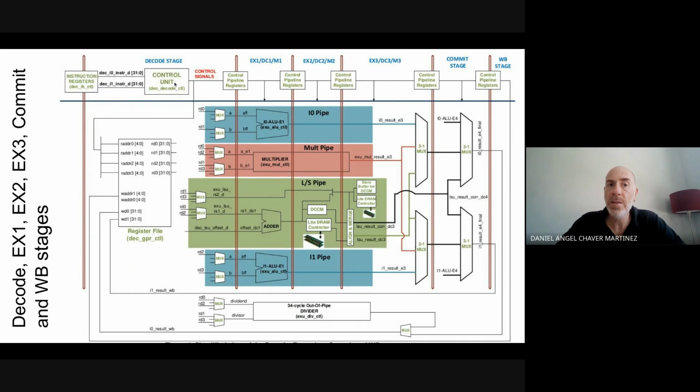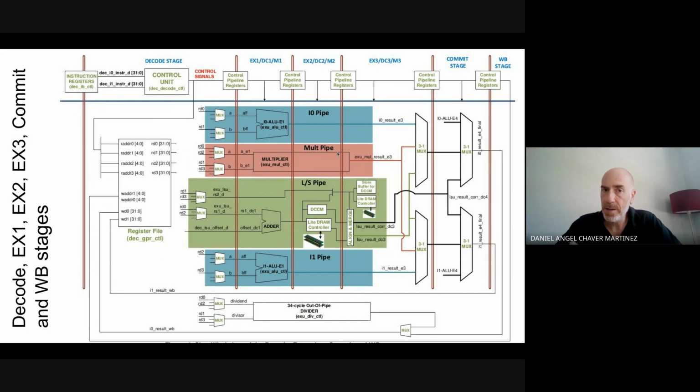Okay, so we are executing these 2 instructions in this superscalar processor, and these 2 instructions are provided to the decoder. The decoder is responsible of 2 things: generating the control signals in this control unit that understands the RISC-V architecture and is able to provide the control signals that the processor will need to execute these instructions. So these control signals will be provided to the remaining stages that will use them to control the execution of the instructions.